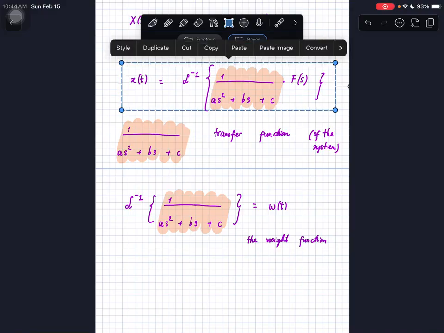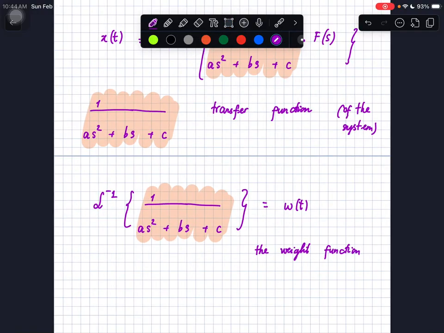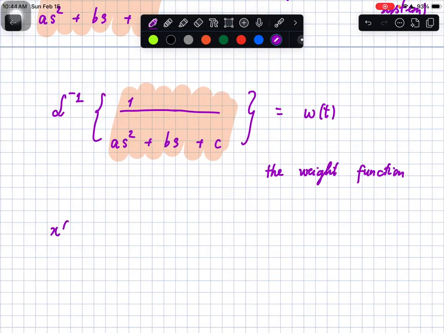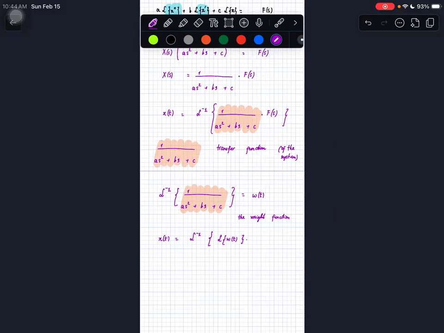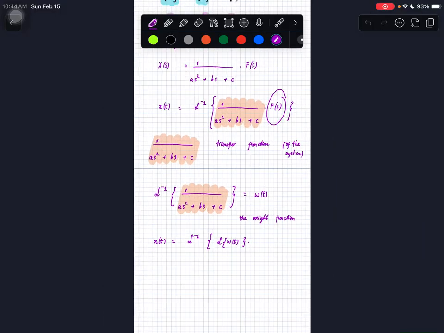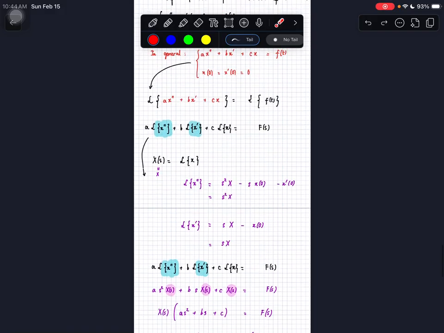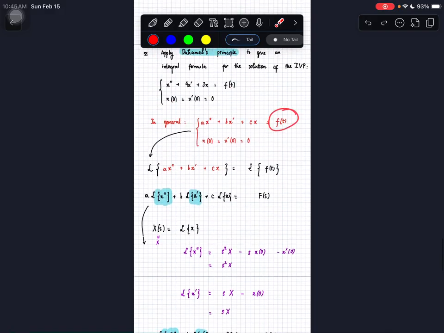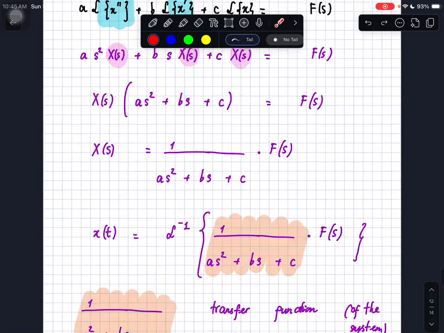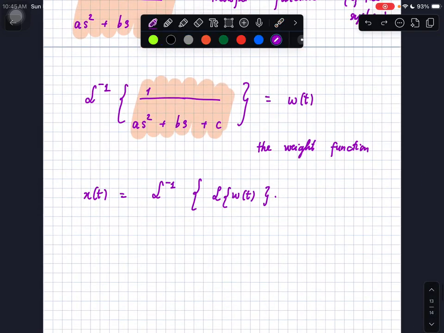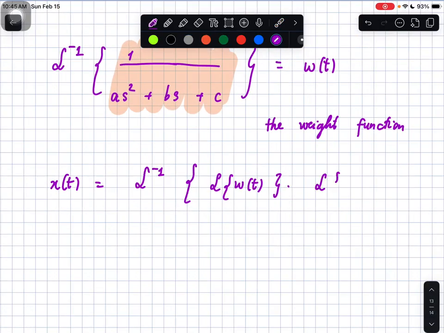So x of t is the inverse transform of the Laplace transform of the weight function omega t times the Laplace transform of the function small f, the function they give us on the right-hand side of the system. The Laplace transform of f of t.